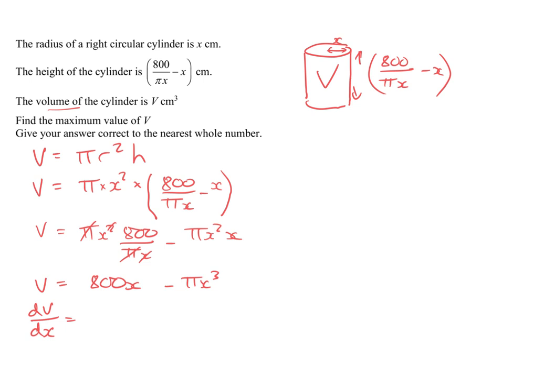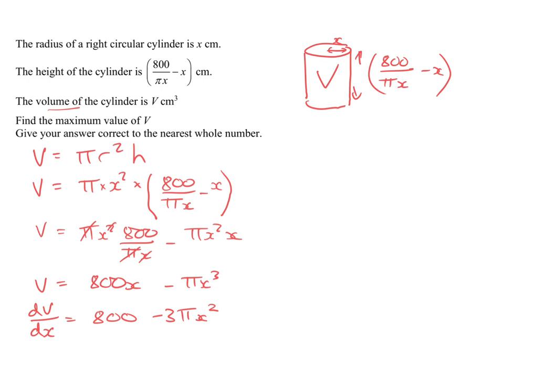If we differentiate 800x, we just get 800. And if we differentiate minus pi x cubed, the 3 comes to the front of the minus pi, so it's minus 3 pi x squared. Take 1 off the power.